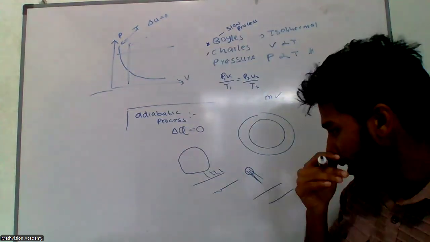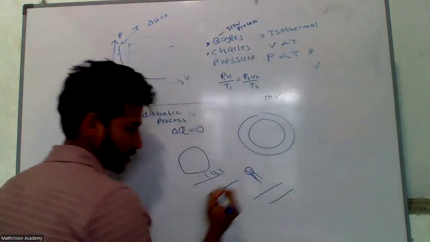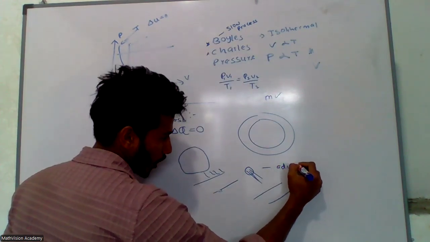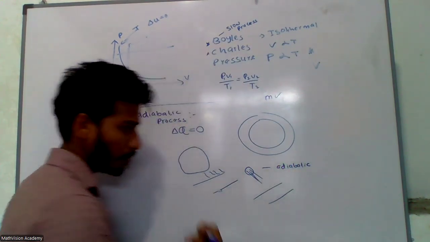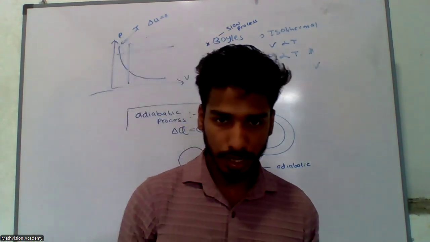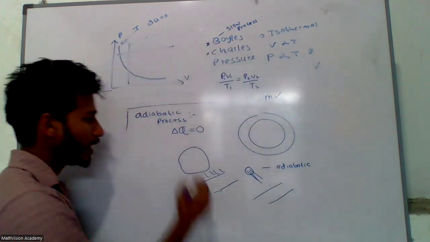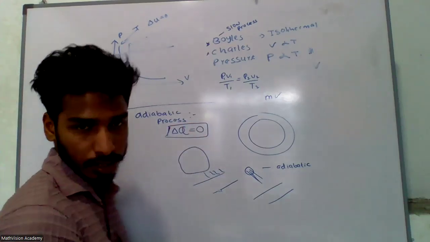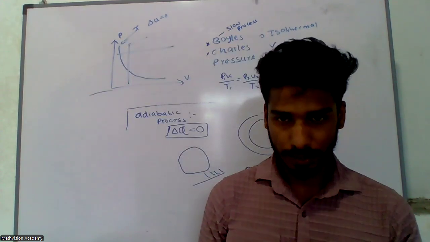So you should understand, in this situation, there is an adiabatic process. Not only adiabatic, there are some other cases, but you can relate your stuff. There is no heat exchange in an adiabatic process. That's a key idea you should understand.